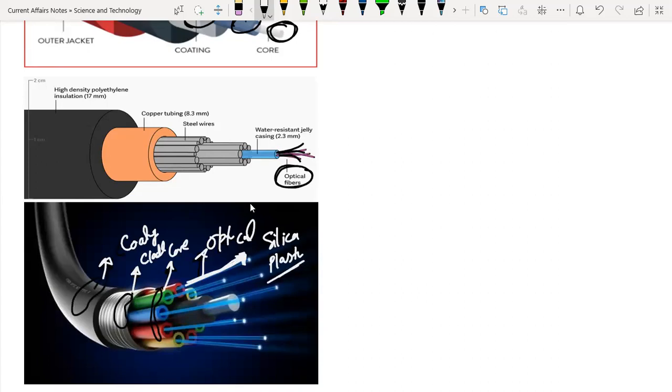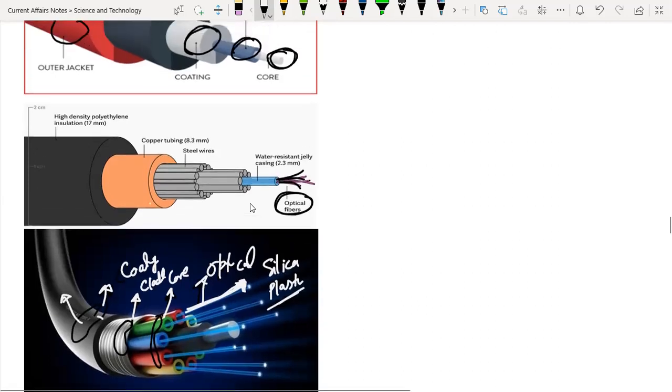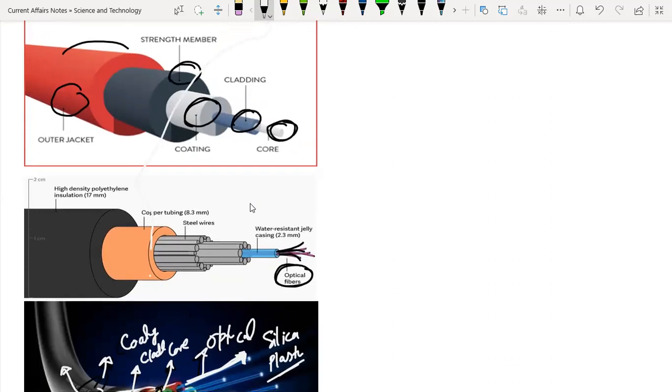It is also embedded in a larger strength member, this black one, and after that we have an outer jacket. So this one is the outer jacket, this one is the strength member, and this one is the coating. There are five layers of protection for an optical fiber. That's why it is a bit more expensive than normal fiber.